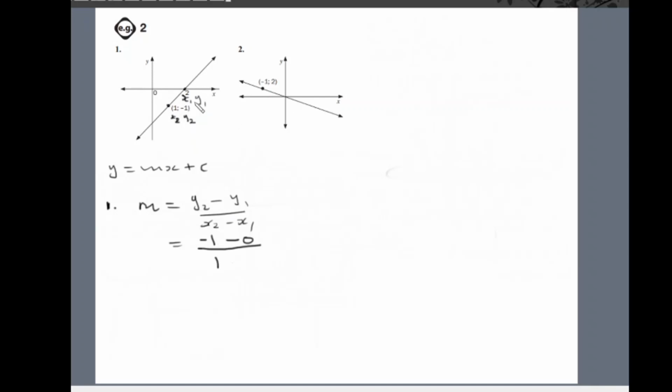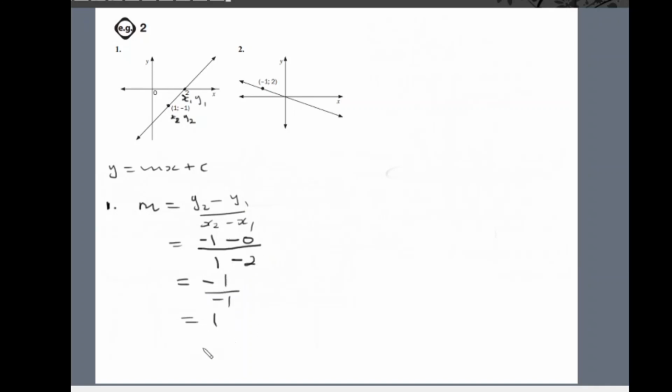So I must make sure I don't mix up when I substitute in this equation of the gradient, right? y2 is minus 1, y1 is 0, x2 is 1, and then x1 is 2, right? So here I will have minus 1 over minus 1, I'll have 1, right?